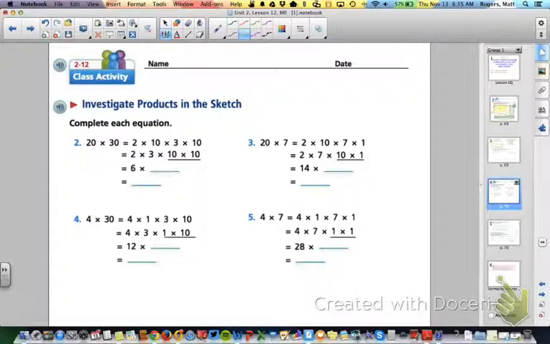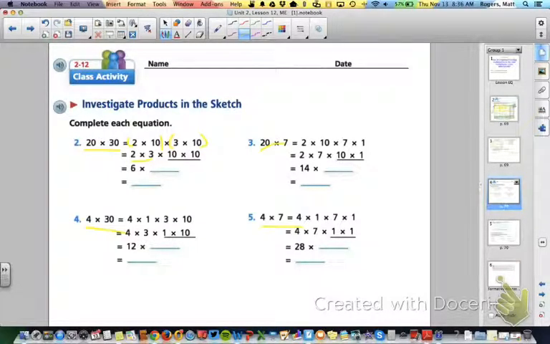When we got into this activity, we talked about how we separate based off place value and the main number. So if I have 20 by 30, all 4 of these equations add up to each of the partial products. 20 times 30 is essentially 2 times 10 by 3 times 10. If I separate number from place value, I have 2 times 3 and 10 times 10.